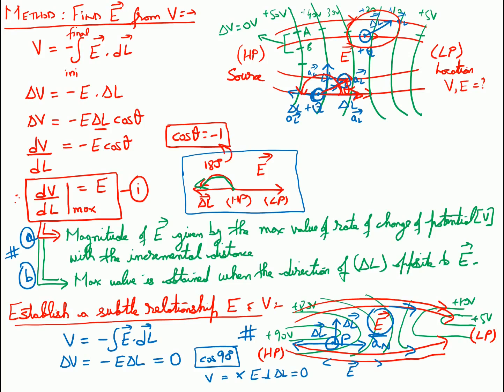This means the only possible way the potential can exist, if we stick to our equation such that delta V is equal to minus E delta L, is to take cos of a certain value, let's say -1, or we can take cos theta to be 1 if the projection is successfully happening.